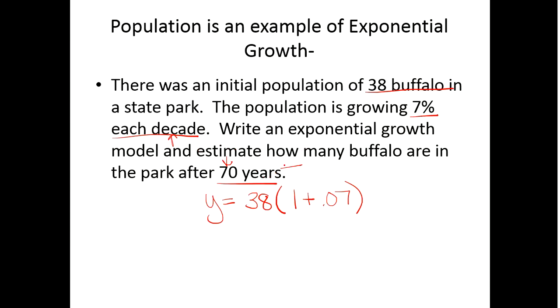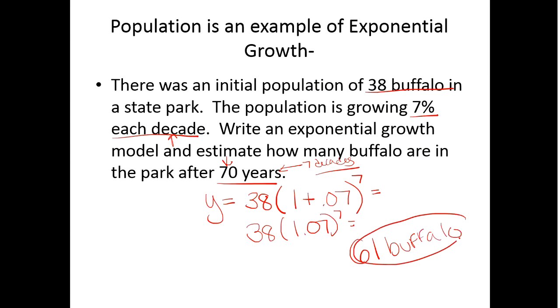Would you guys agree with me that this is technically 7 decades worth of time, right? 70 years is 7 decades. So I can actually put for an exponent as 7. So once I type this in my calculator, so basically I can do like this, 1.07, right, to the 7th power. I now have approximately 61 buffalo in my state park after 70 years. Only that much grew.